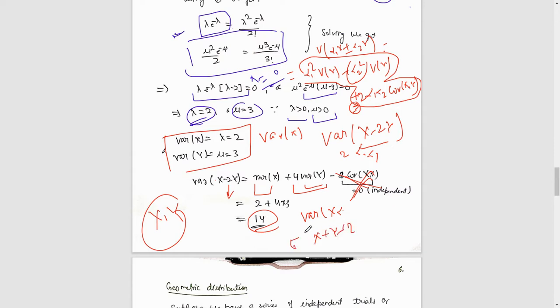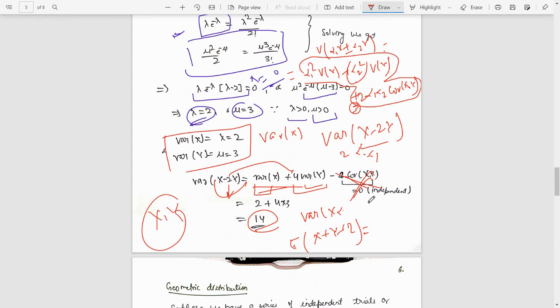If you want the variance of the difference or summation of two random variables, it's the same thing, but the coefficients are squared, and the covariance part is two times alpha 1 into alpha 2, whatever the coefficients are, times the covariance of x comma y. If it is plus, it needs to be plus; if minus, it needs to be minus.